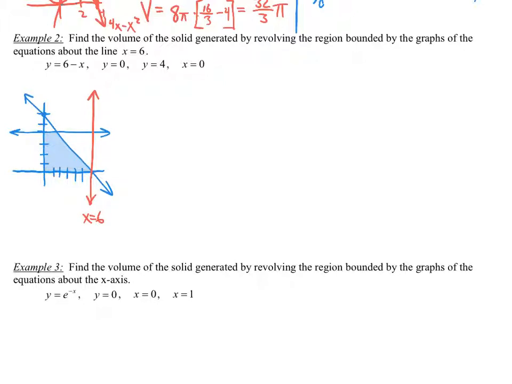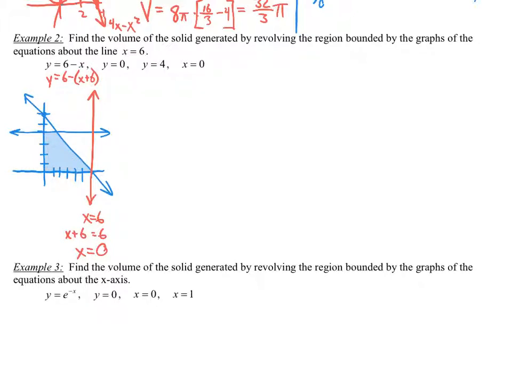So how do I translate things to the left 6 units? You add it to the x. Alright, so everywhere I see an x, I'm going to add 6 to it. So x plus 6 equals 6. That means x equals 0. There, now I'm going to revolve it around the y-axis like I want to. So here, I have y equals 6 minus, parentheses, x plus 6.